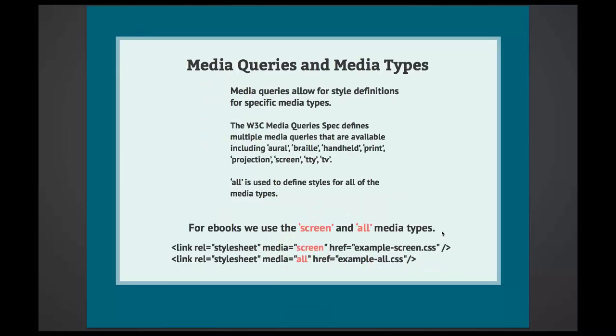So, media types. There are several different ones in the media query spec, but the only two that we're going to be using for ebooks are screen and all. There's also projection, print, TV, but for the most part, we'll just be sticking with either all or screen.